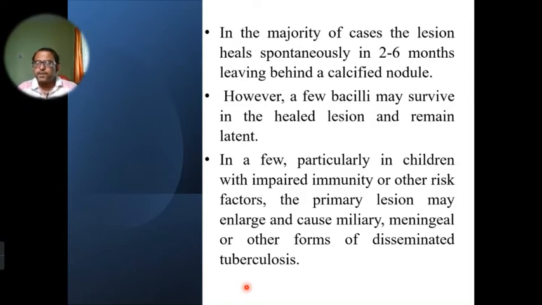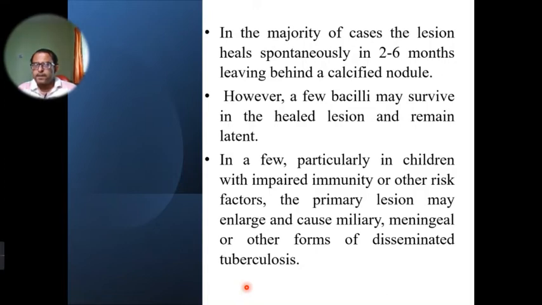But in a few, particularly in children, where immunity is impaired and other risk factors are involved, where the immunity of that child is very low, nutrition is not very good, and age is also a factor, these primary lesions may enlarge and cause miliary or meningeal or other forms of disseminated tuberculosis.